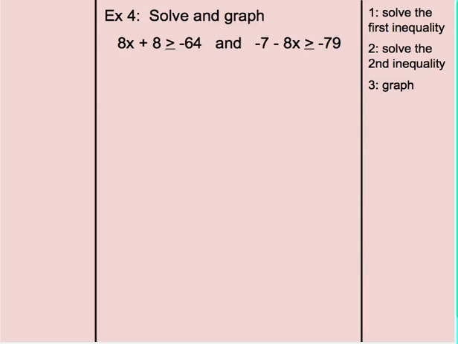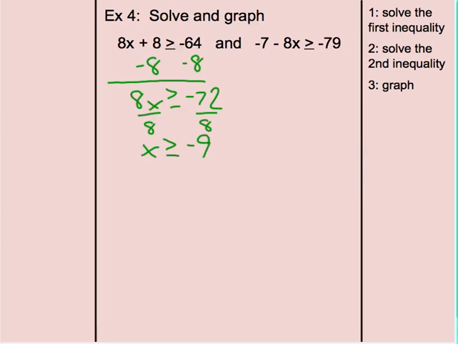Another example, solving the first inequality, I'm going to subtract 8 from both sides. So I get 8x is greater than or equal to negative 72. Because remember, I'm adding a negative 8, so I'm getting a bigger negative number. I'm more in debt. Dividing both sides by positive 8, so I don't have to flip the inequality, I get negative 9.